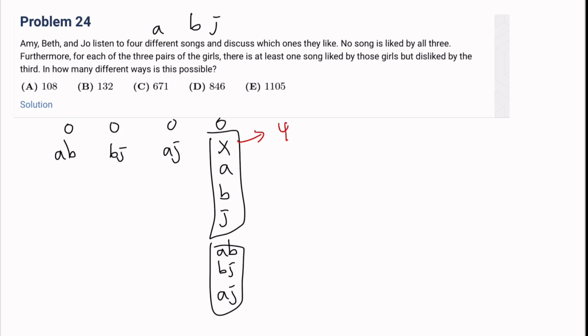So there are 4 factorial ways to do it, and there are 4 choices as to which one could be the 4th song, right? So times 4. This equals 24 times 4, which equals 96. And this one where it could be AB, BJ, and AJ, or AJ, and so that means there will be 2 of the same thing and the others will be different, right?